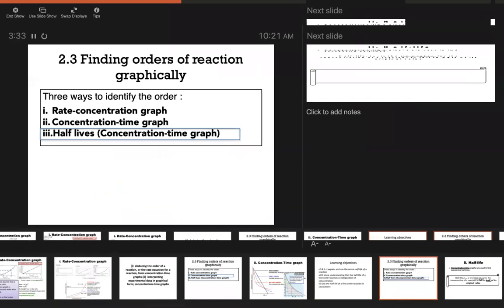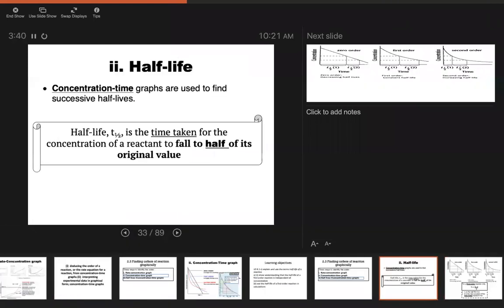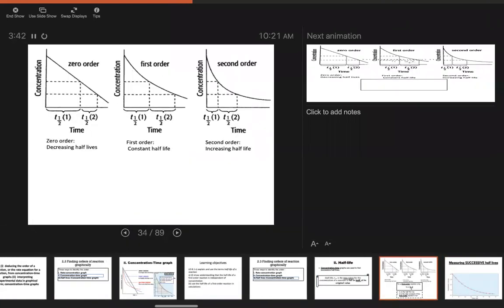The third method of finding the orders of reaction graphically is by calculating the half-lives. Okay, half-life is the time taken for your concentration to go down by half. Okay, that's why the symbol is T1/2, T half. Right. The easiest one to remember is your first order will have a constant half-life, and only for first order you are able to use this formula, okay?